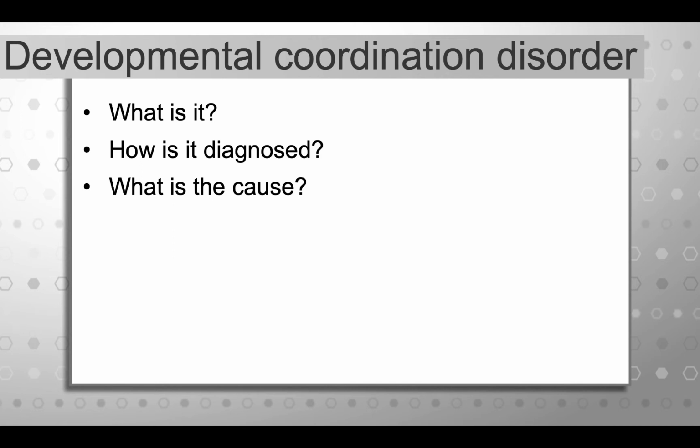About 5% of kiddos are diagnosed with developmental coordination disorder. And really, it's just defined as motor coordination that's markedly below the expected levels for their chronological age and intelligence, which interferes with their activities of daily living. It's not a genetic condition.